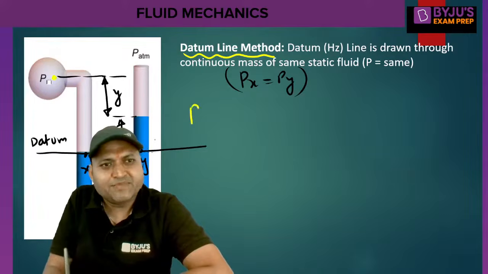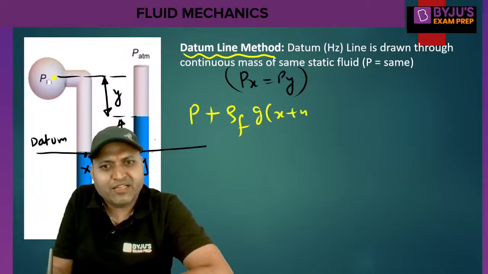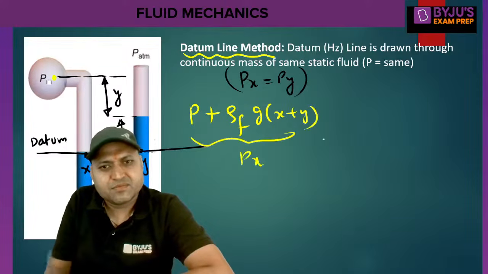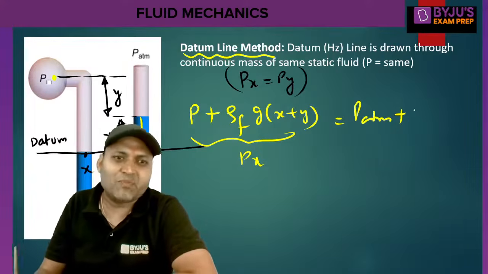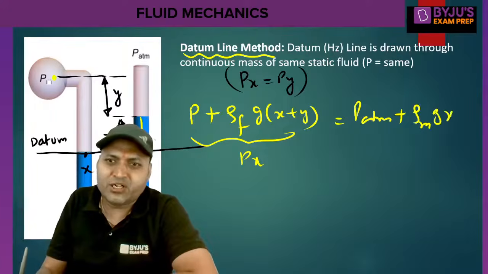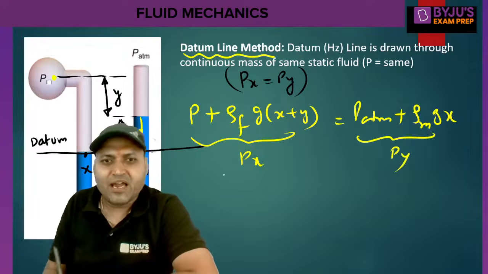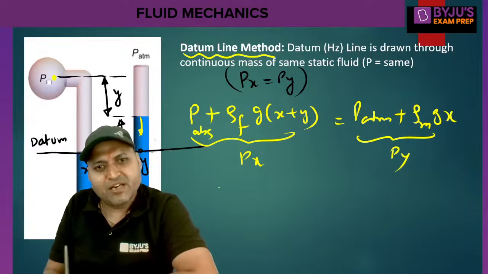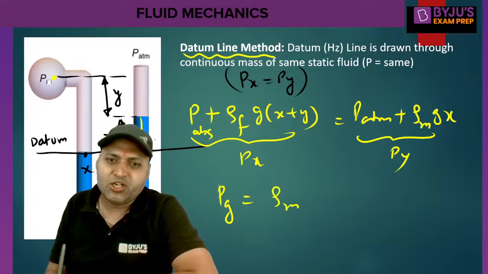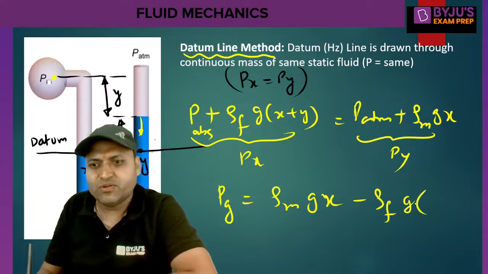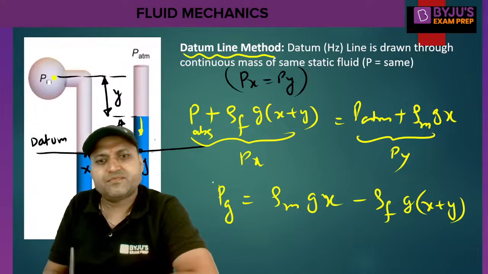Start from point P. P plus rho f into g into x plus y, that is Px, is equal to Py. We are moving in the downward direction, so pressure increases, that is why P atm plus rho m into g into x, this is Py, and that is the absolute pressure. If we want to find the gauge pressure, absolute minus atmospheric is the gauge pressure. You will get the same result, rho m g x minus rho f into g into x plus y.